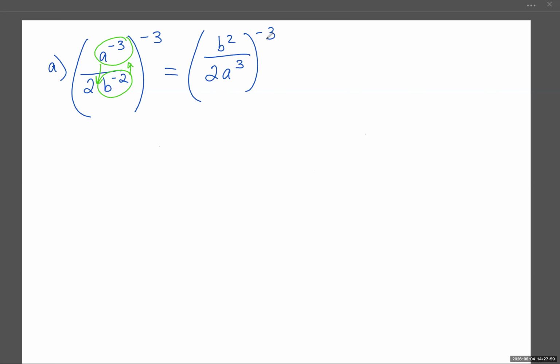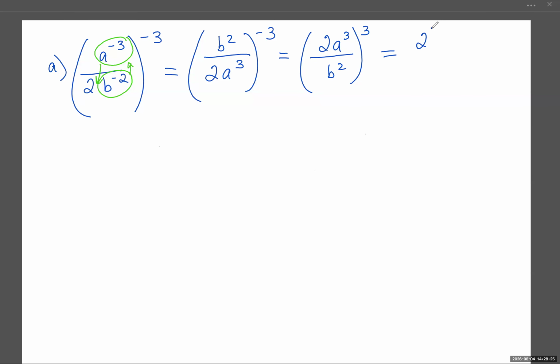So now inside the parentheses, we don't have any more negative powers. On the outside, I still have a negative 3. Now to get rid of the negative in front of that 3, it's pretty easy. All you have to do is flip the fraction inside the parentheses. So this is 2a cubed divided by b squared. And now it's going to be just cubed, just to the third power, not negative third power. After this it's not too bad.